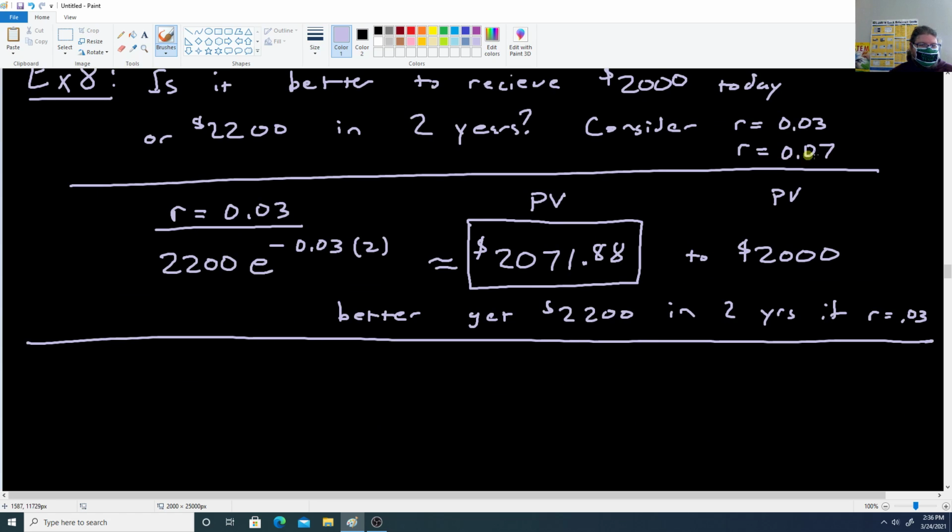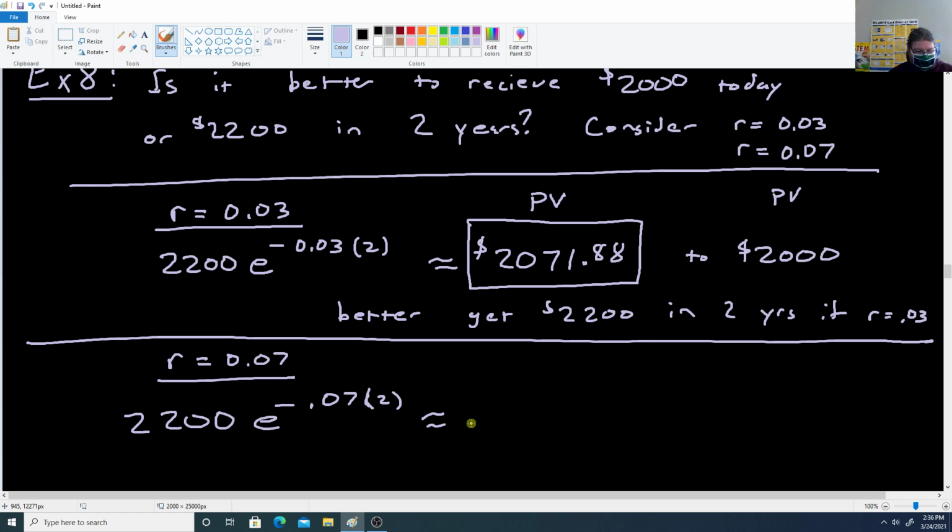Say, what if the interest rate is 0.07? So we get $2,200 e to the negative 0.07 times the 2 years, and that'll be about equal to $1,912.59. So that's the present value if the interest rate is 0.07.